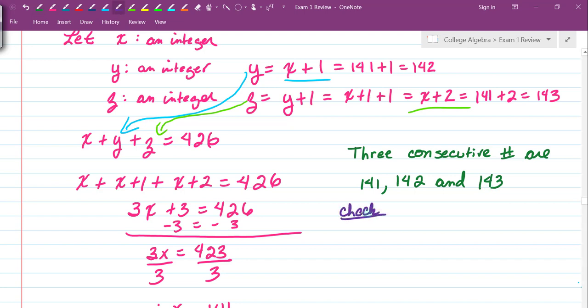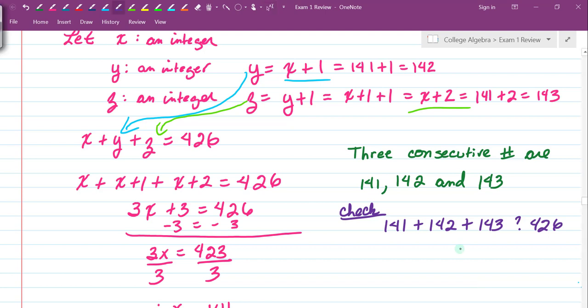So we're going to do a check: is 141 plus 142 plus 143 equal to 426? That's the question. Okay, so I'm going to double check my math real quick. I don't want to assume that I got anything just perfect. 141 plus 142 plus 143 is equal to 426.